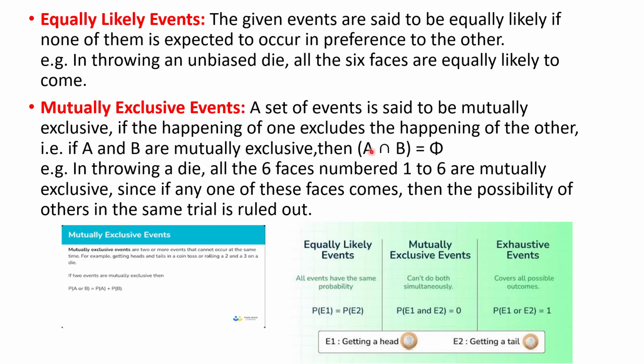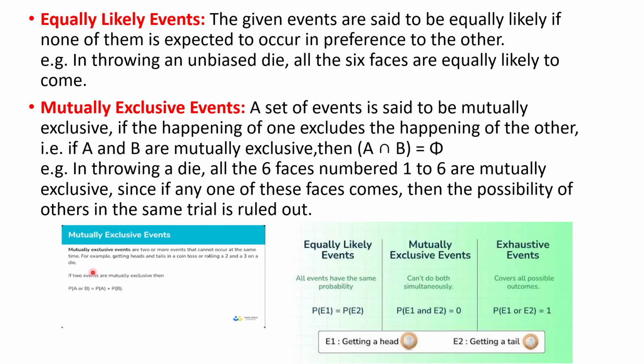If A happens, B will not happen, so nothing is common. In throwing a die, all the six numbers 1 to 6 are mutually exclusive, since if any one of these comes, the possibility of another in the same trial is ruled out. Clear? If 2 appears, then the possibility of 1, 3, 4, 5 and 6 will not happen. Those types of experiments are called mutually exclusive.